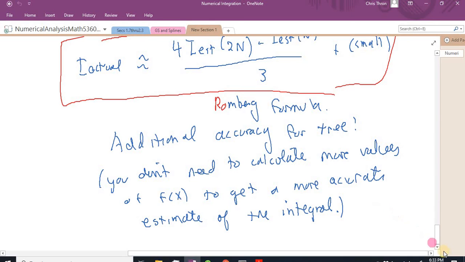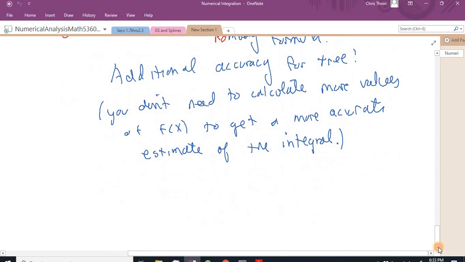All right. So you may have heard about Simpson's rule. Did anybody remember seeing Simpson's rule? Yeah, it should be familiar.